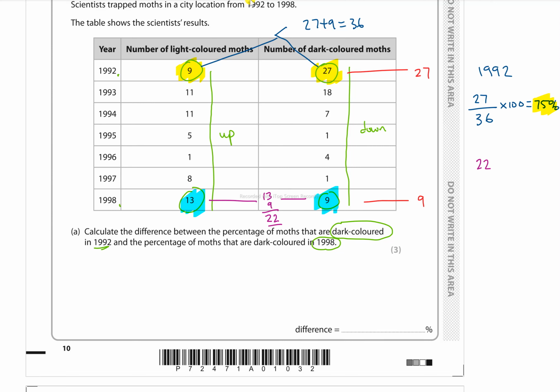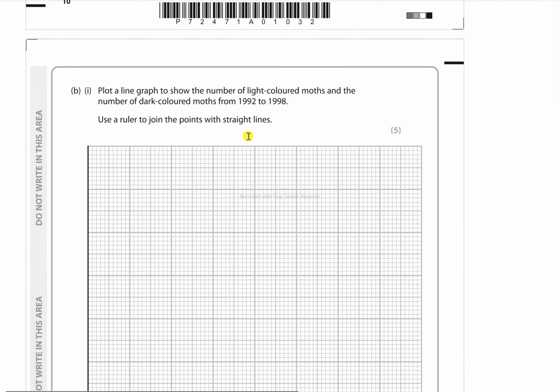So 9 out of 22 times 100 is 41%. And it's saying work out the difference. So all we do is 75 minus 41, 34%. So it was a maths question more than anything else. Okay, let's keep moving on.